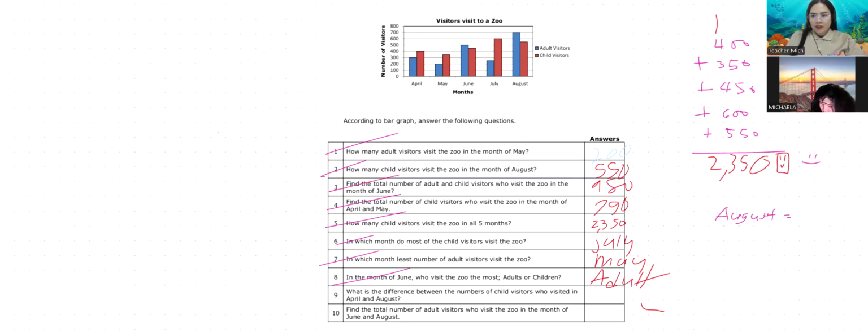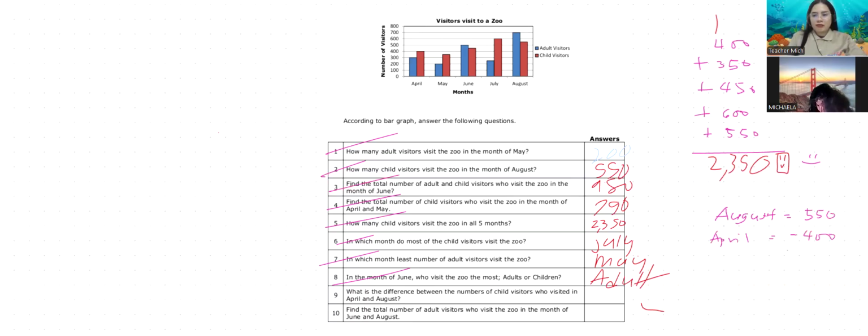Okay, that's 550. Since that is difference, meaning to say we need to subtract. How many child visitors are there in April? 400. Okay, now subtract this one.